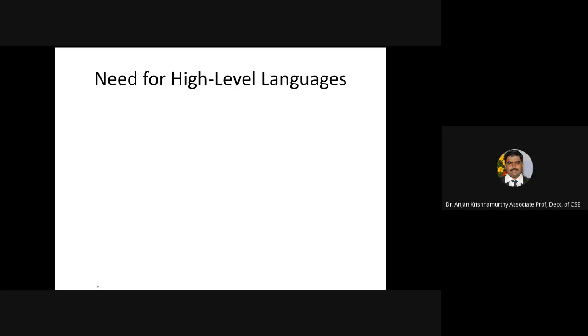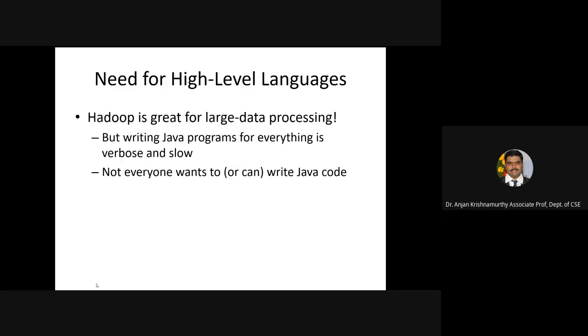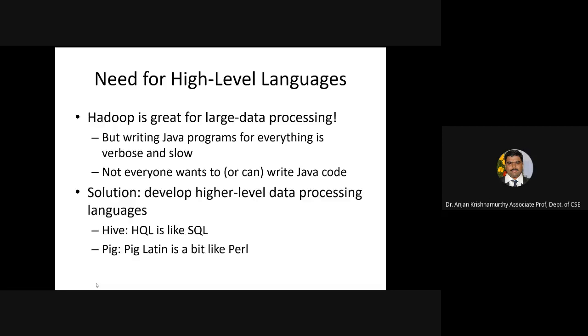So why is there a need for a high level language? These are the important things. Hadoop is basically used for large data processing, which is written in Java, and everything is verbose and very slow. So there is no easy way to change the code that is written in Java.